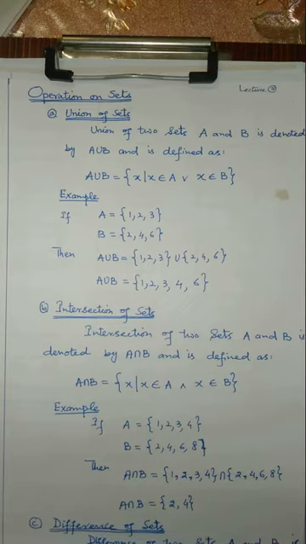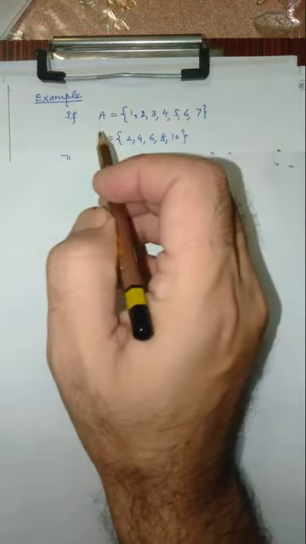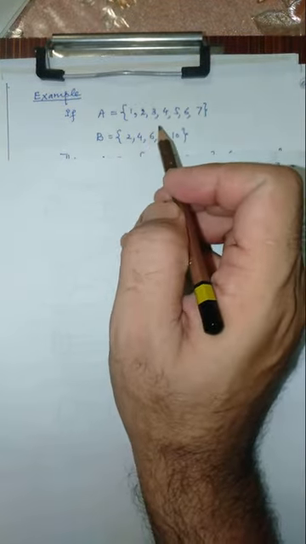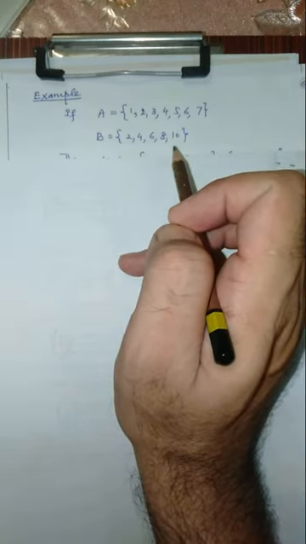The difference of sets. The difference of two sets is denoted by A slash B or A minus B, and it is defined as A minus B, A difference B is equal to X such that X belongs to A and X does not belong to B. Now for example, if set A is equal to 1, 2, 3, 4, 5, 6, 7 and set B is 2, 4, 6, 8, 10.